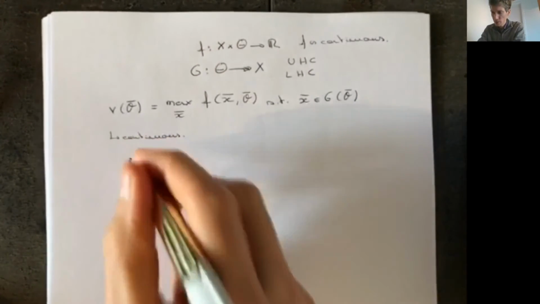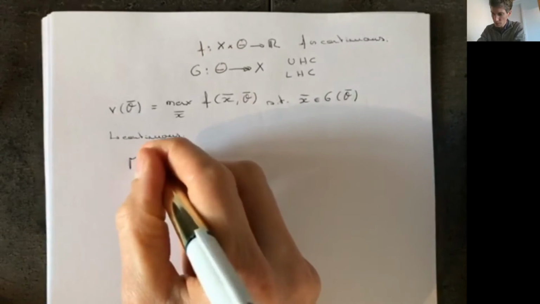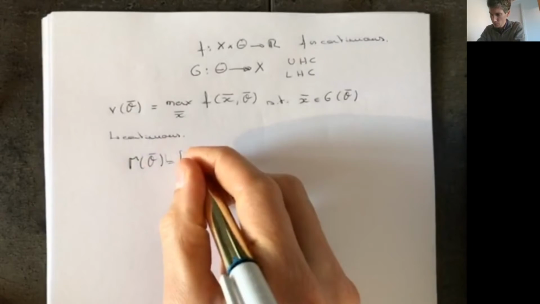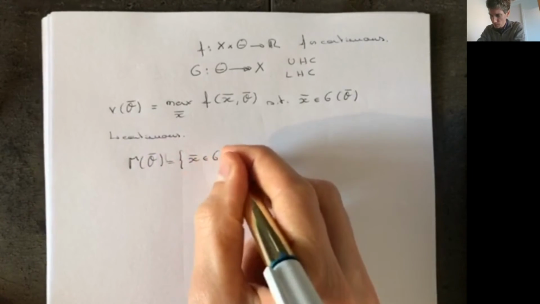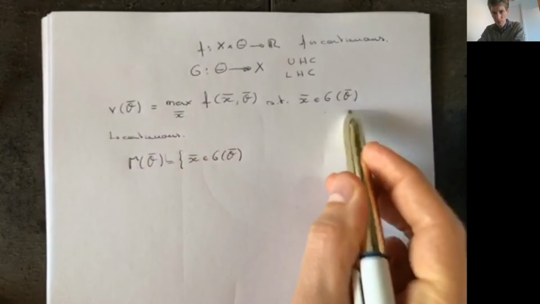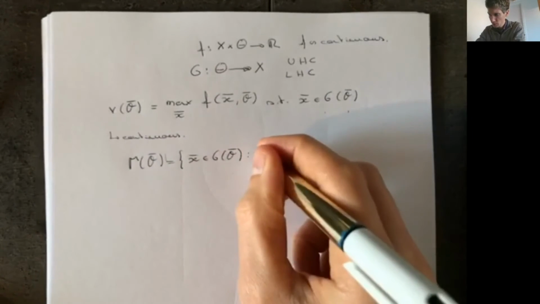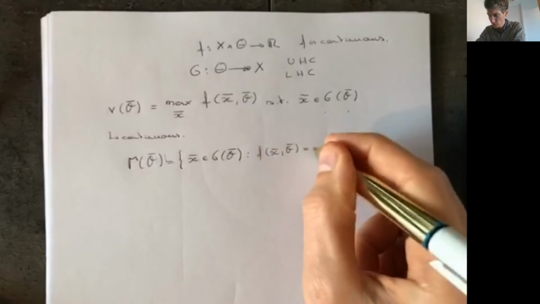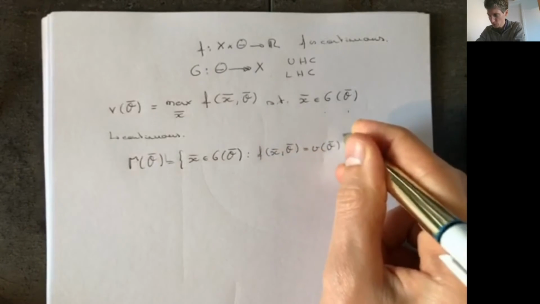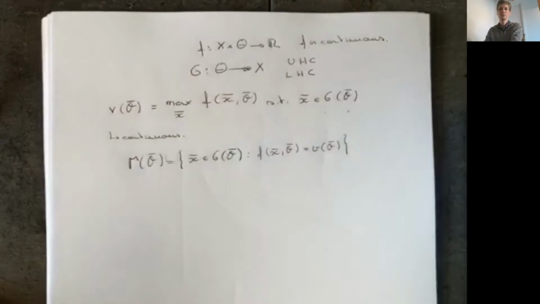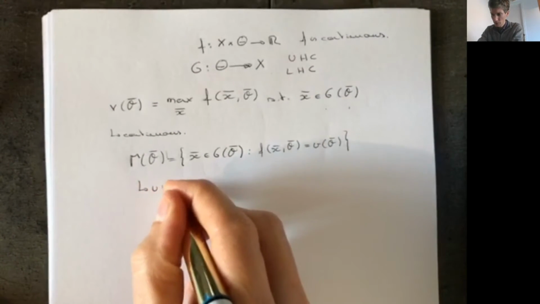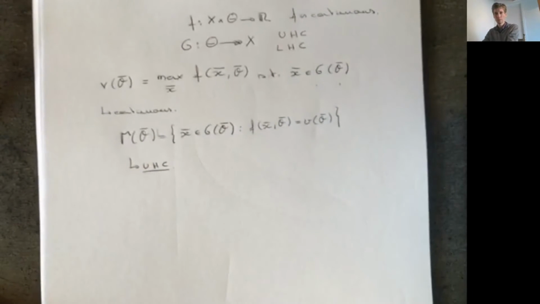And in addition, we can get the solution correspondence, gamma of theta, which are simply all the x's that are feasible, so they satisfy the restriction, such that f of x, theta is optimal in G of theta, right? So these are all the x's that are feasible that give you the optimal solution. And then you say that this is upper hemicontinuous.